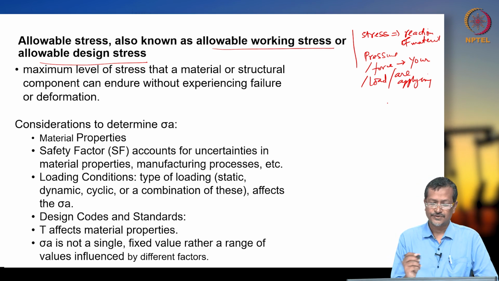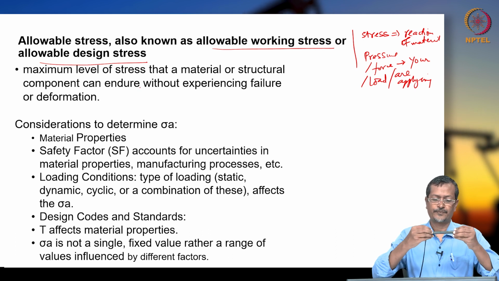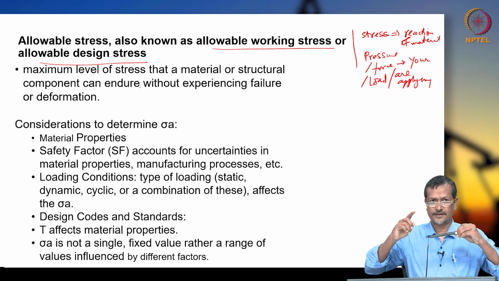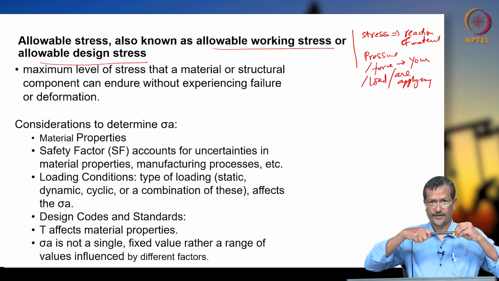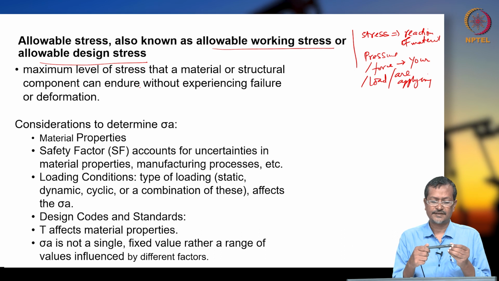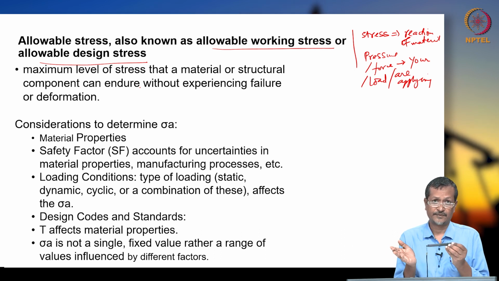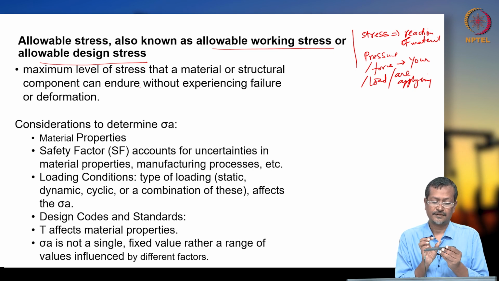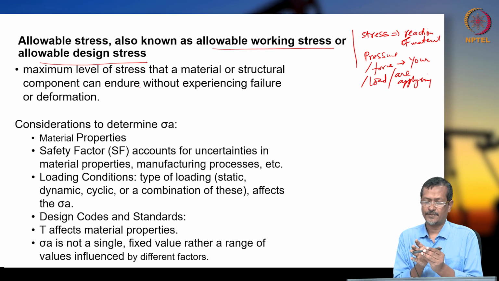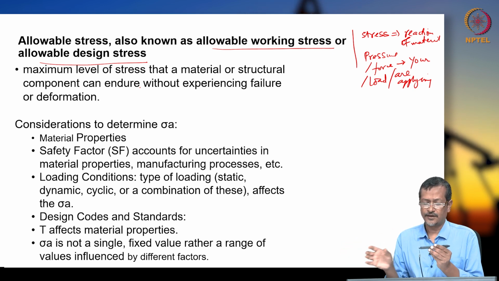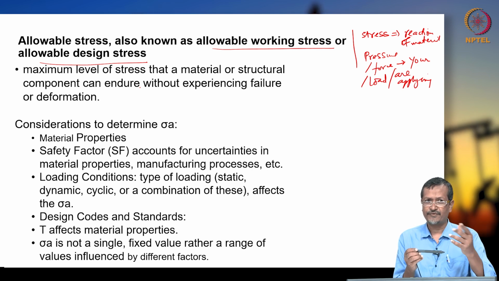So the maximum level of stress: you are pulling it, and the material has a specific stress limit. At that stress it will break. But whenever you are designing a certain machine element using the same material, you are not applying load up to that level. You say to the customer, let's say this will break if you apply 100 Newton per meter square load, but I will tell the customer to use up to 50.